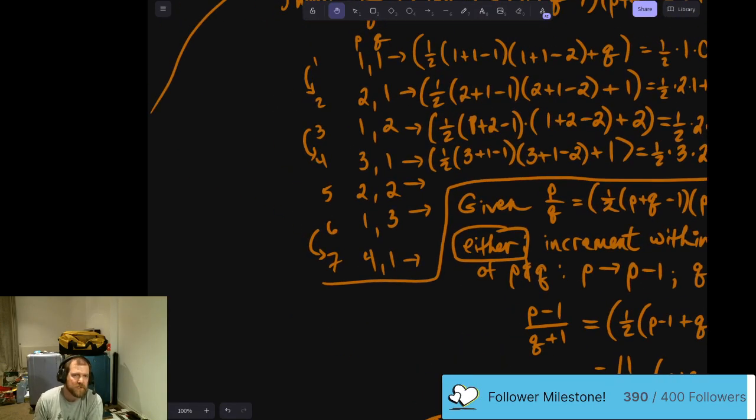And like, of course it is, right? Because the first group has 1 thing, the next group has 2 things, the next group has 3 things, the next group has 4 things. So of course it's going to be triangular numbers.